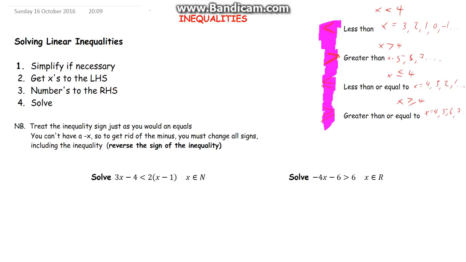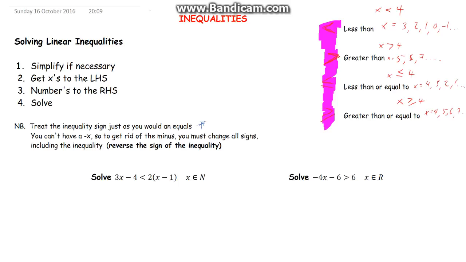What we have to do, and this little line here is important, is treat your inequality sign just as you would your equals. So if a plus crosses your inequality sign, just like a plus crossing an equals, it will become a minus number. Obviously don't draw your inequality sign as an equals, keep it as the actual inequality sign.